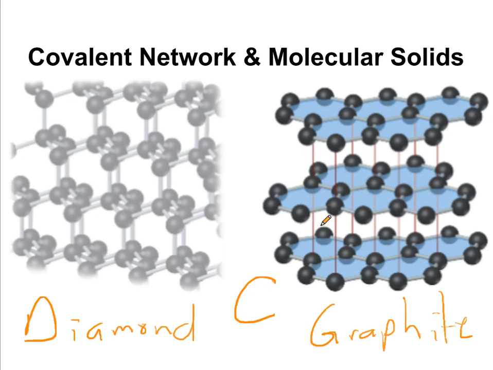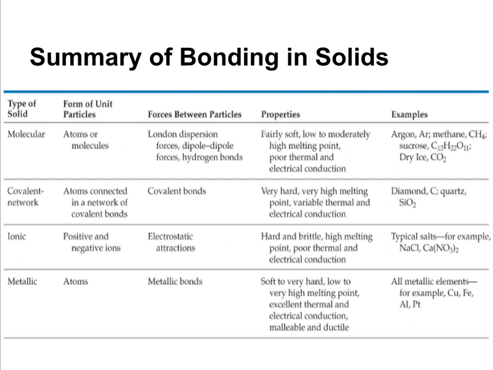So it's a lot easier to break these sheets apart because they're not actually bonded to each other. There's just some intermolecular attraction. Diamonds are so strong because each carbon atom is bonded in four different directions. And that illustrates the difference between a covalent network, which is a network of covalent bonds, and other molecular solids.